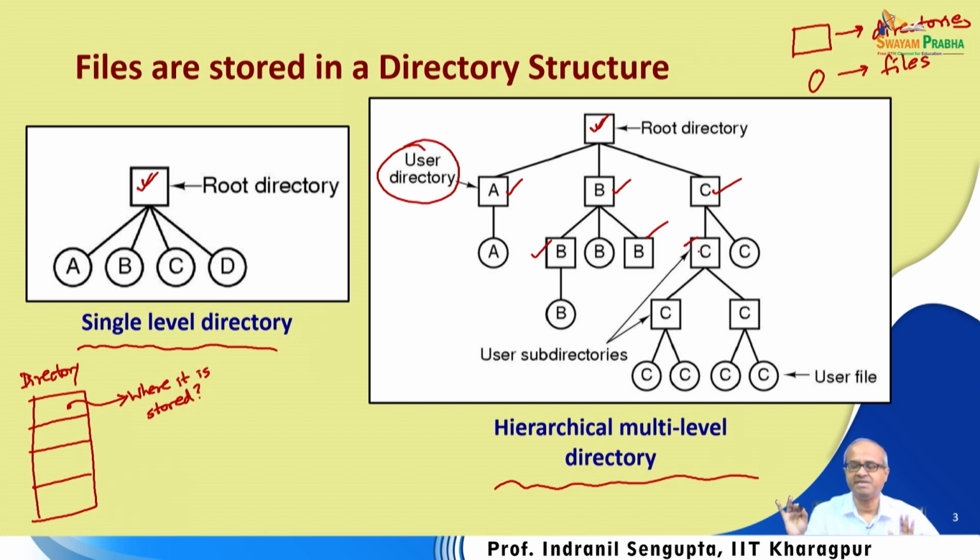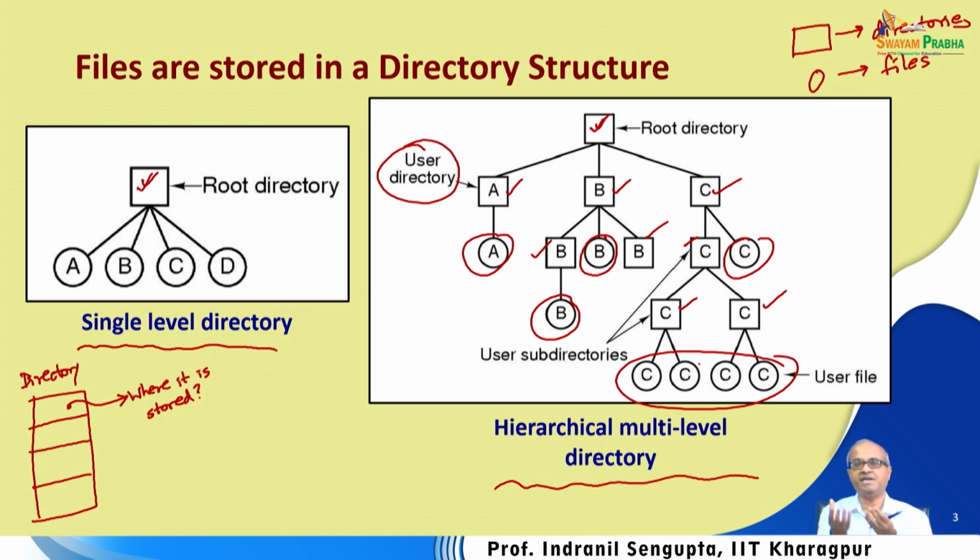These are not names, just indicative, A, B, C are just indications. So, under this C you can create more subdirectories, and under the directories and subdirectories finally these files get stored. Okay. So, this is how we store files in a modern day computer system. Suppose you want to create some important document, I create a new folder, under that folder I create my files like that. Okay. Fine.